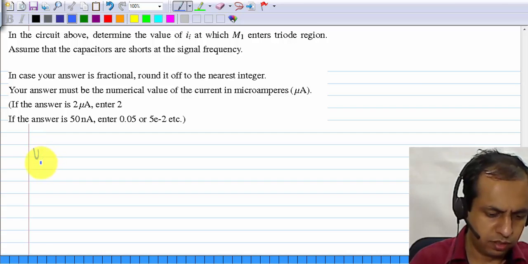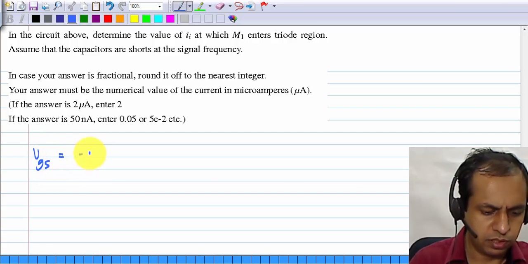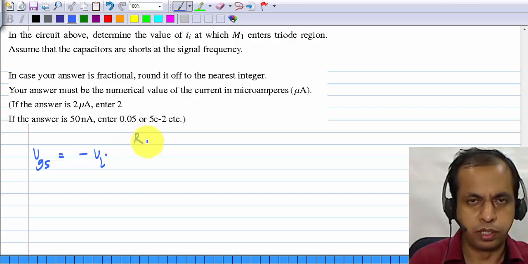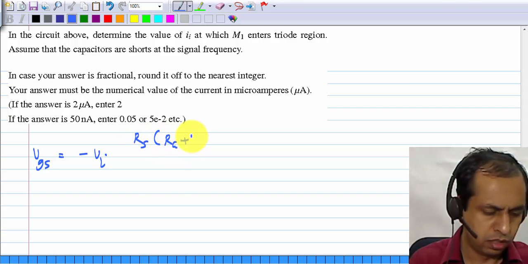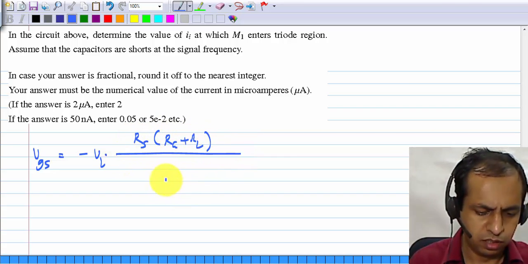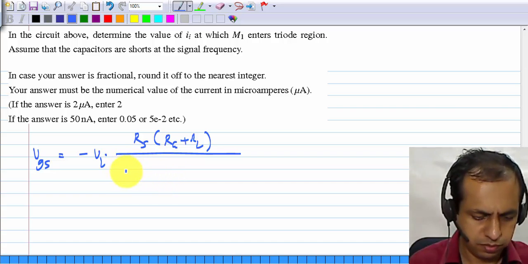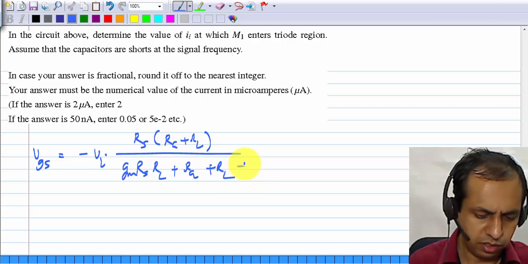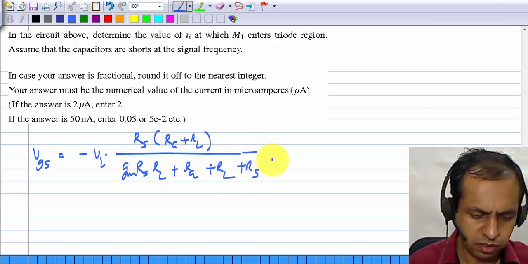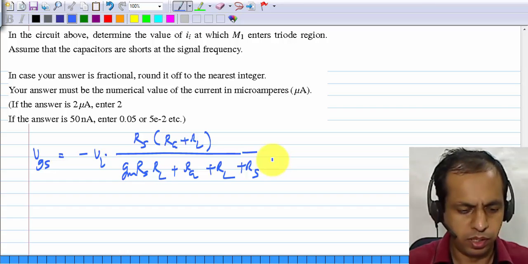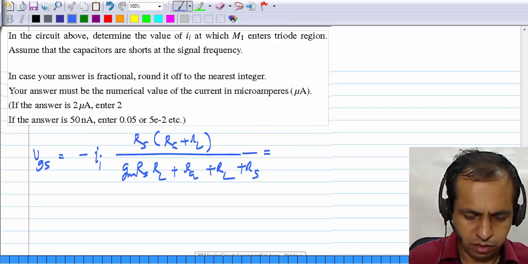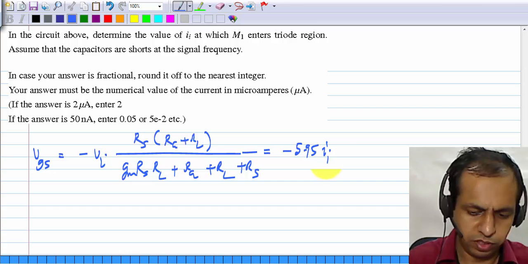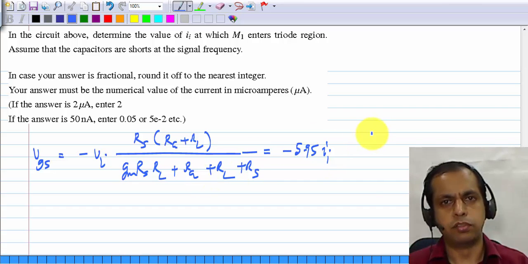It turns out that VGS is minus Vi times Rs (Rg plus RL) divided by (Gm Rs RL plus Rg plus RL plus Rs), and this is minus 5.95 Vi for the given values of components.